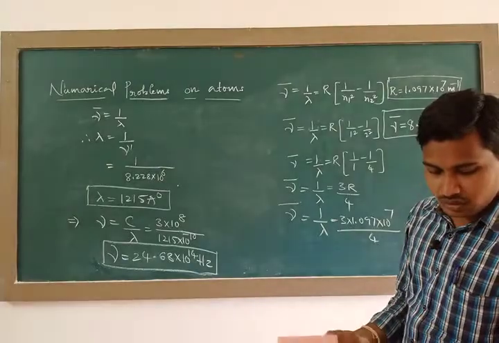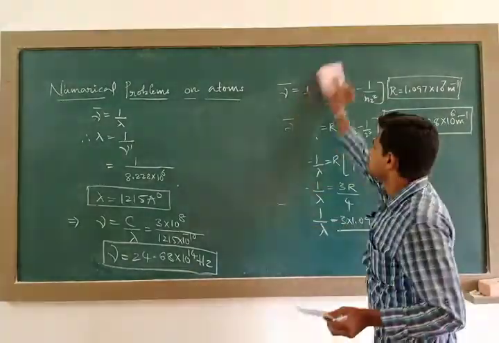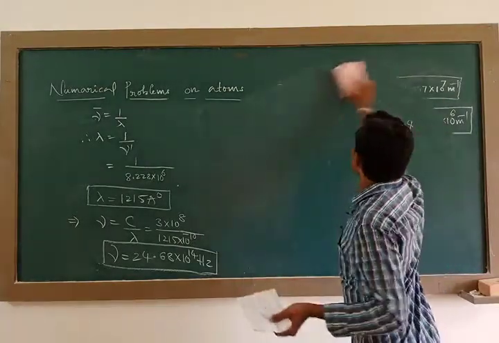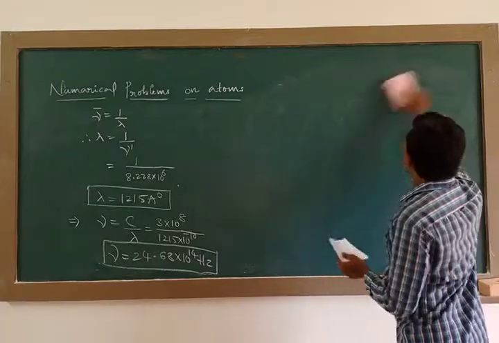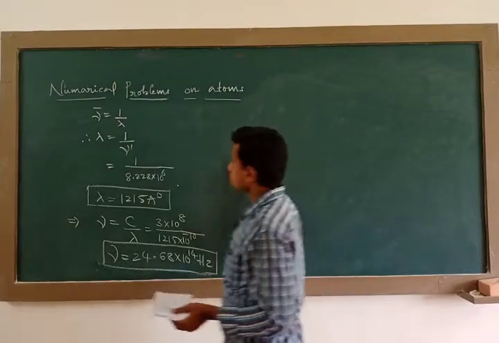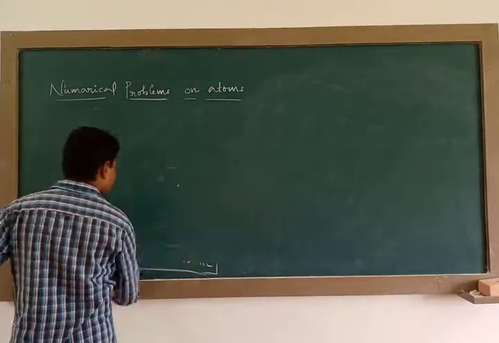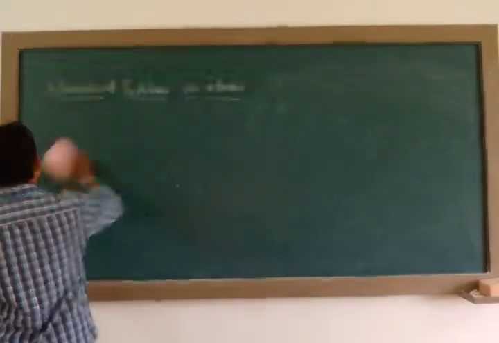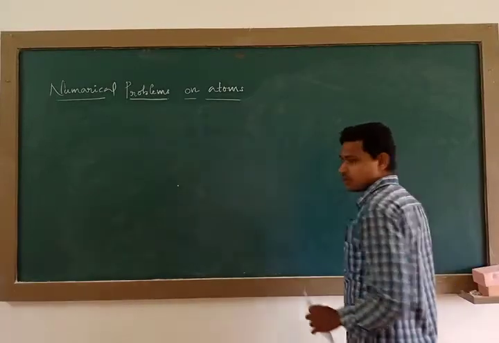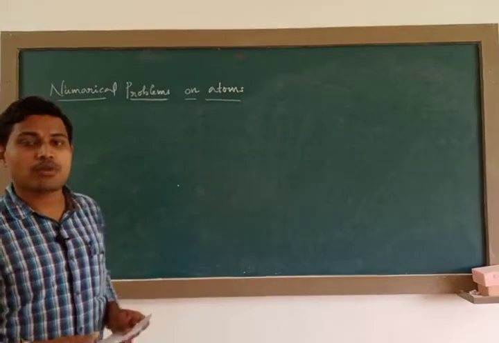Next set of problems. These are not simply problems that I am solving here. They are very important for the examination. Either they will ask one derivation for 5 marks, or they will split that 5 marks as one 2 mark question and another 3 mark question, or else they can put a single numerical problem.